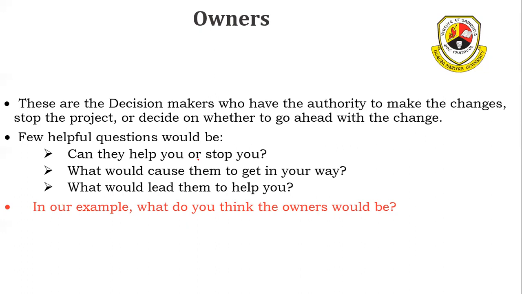So you must have an ICT policy that gives you that authority. What could cause the owners to get away from the ICT solution? What would lead them to help you? So this is trying to get owners on your side. But essentially, this should originate from ICT.